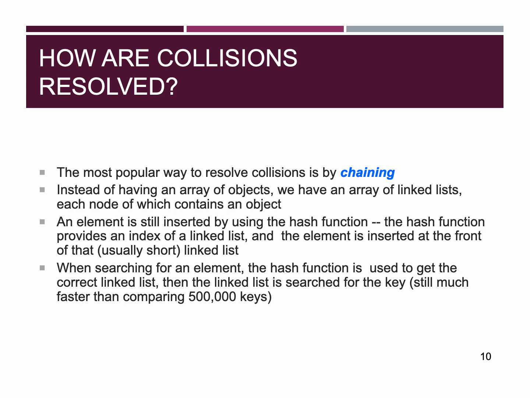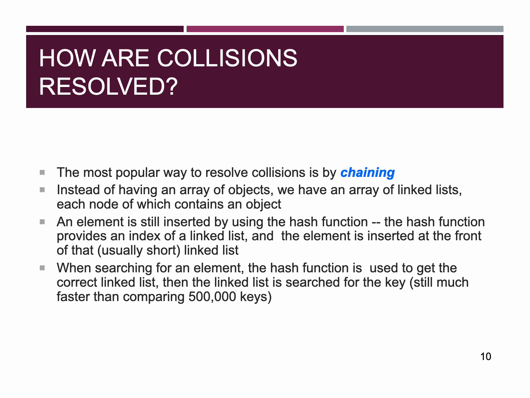Now that we understand what collisions are, we'll see how to resolve them. There are some ways, but the most common way is chaining. In chaining, instead of storing a single object at each index, we use a linked list.